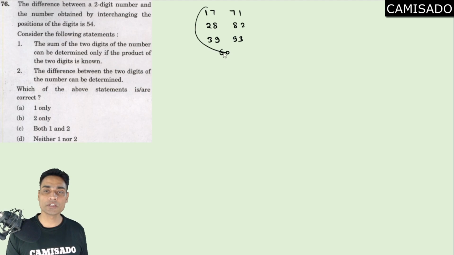So these are the 7 numbers in which you get 54 as the difference when you interchange the digits: 17, 71, 28, 82, 39, 93 and 60 and 6.